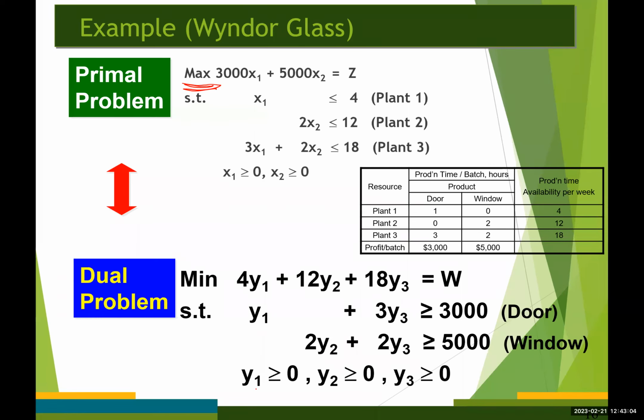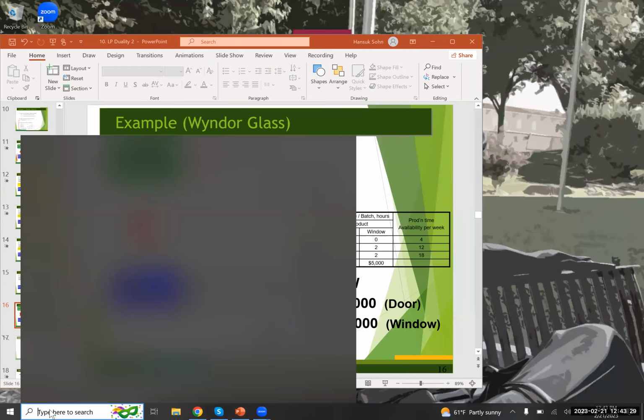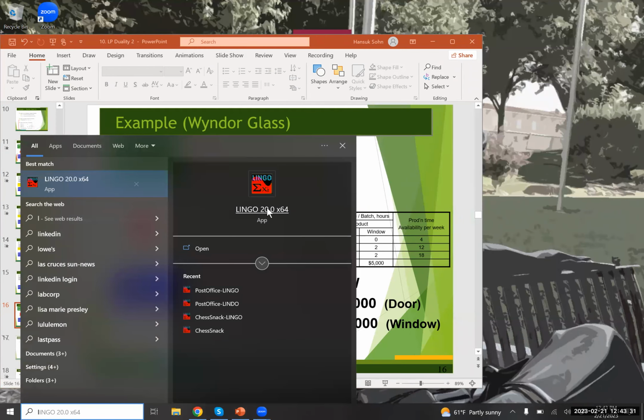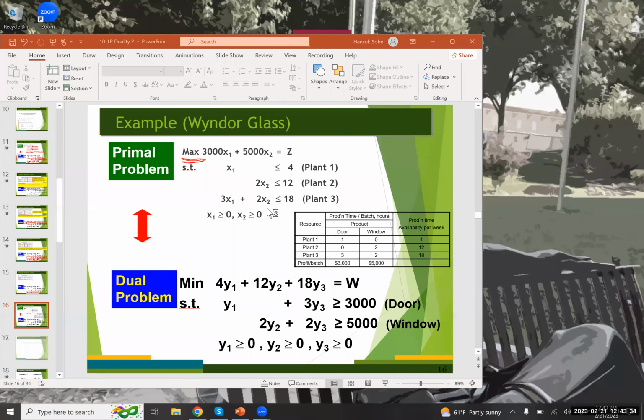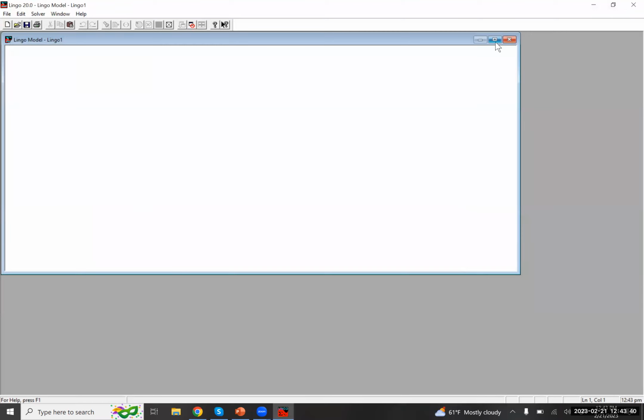Now let's try to obtain the optimal solution for both primal and dual LPs for the window glass problem using either Lindo or Lingo software. So let me open Lingo, and let me resize the window.